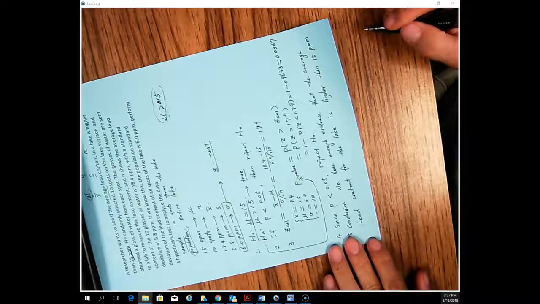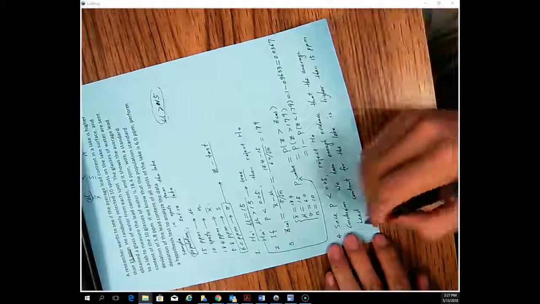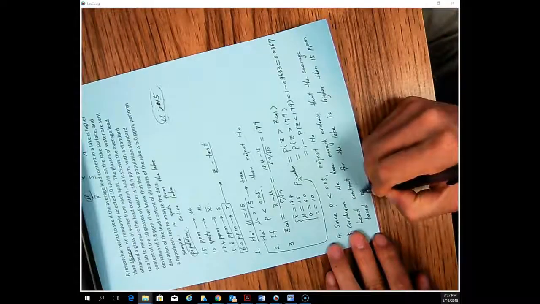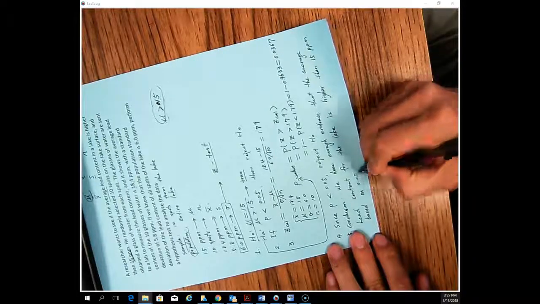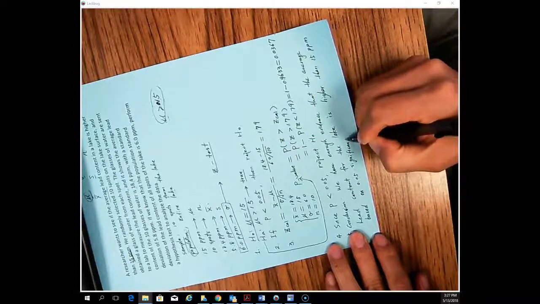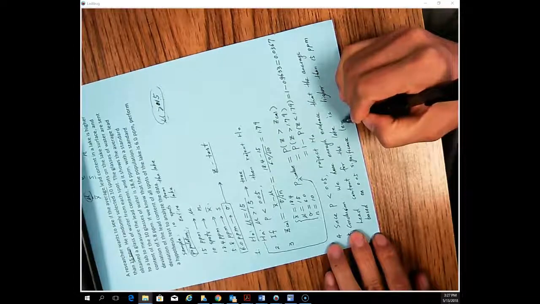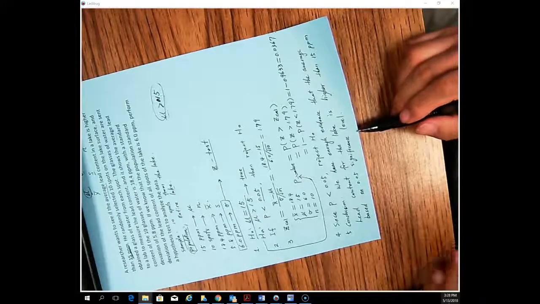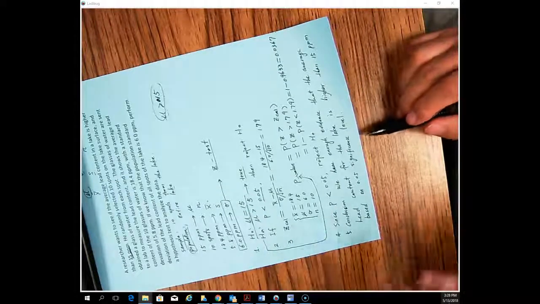Okay. It would be nice if you indicate the significance level, but not required. So based on 0.05 significance level. So our conclusion will be, hey, the lead content in the lake is higher than 15 ppm.